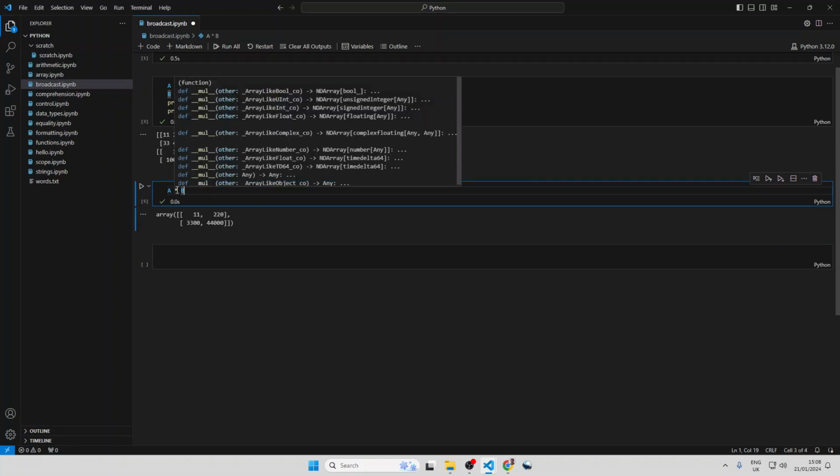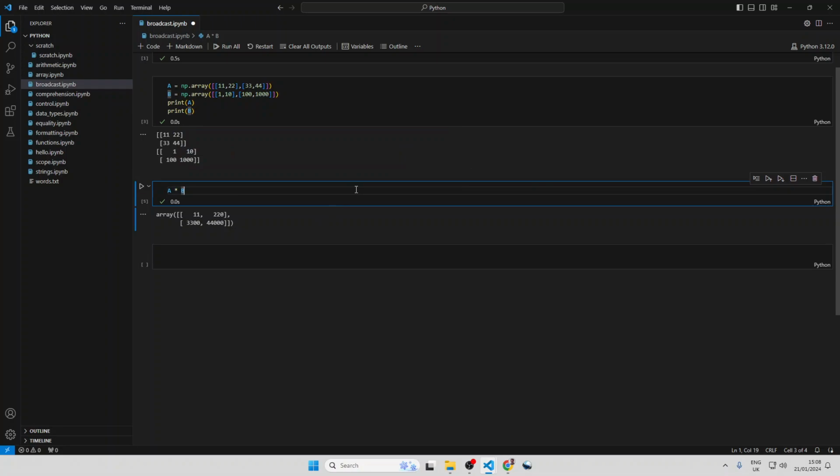The star is the more obvious kind of product, where you just multiply individual entries in the first matrix by individual entries in the second one. So here the 11 times the 1 gives you 11, the 22 times the 10 gives you 220, 33 times 100 gives you 3300, and 44 times 1,000 gives you 44,000. Okay, so that's what star means.